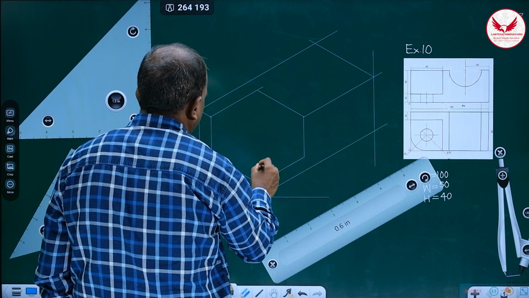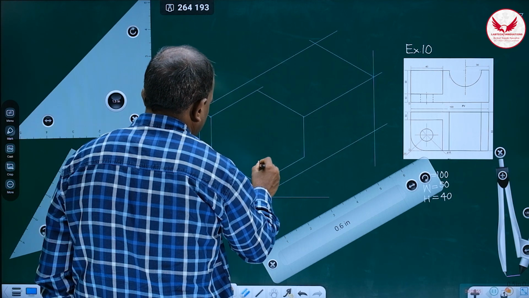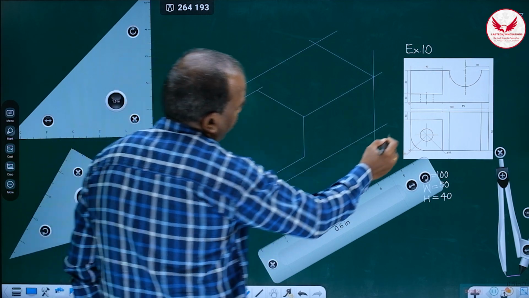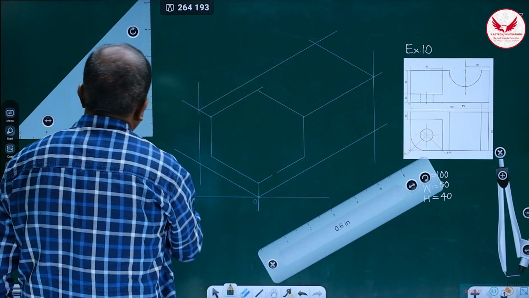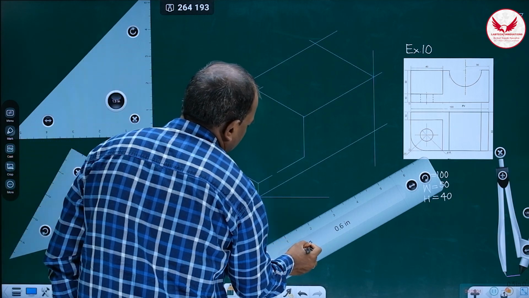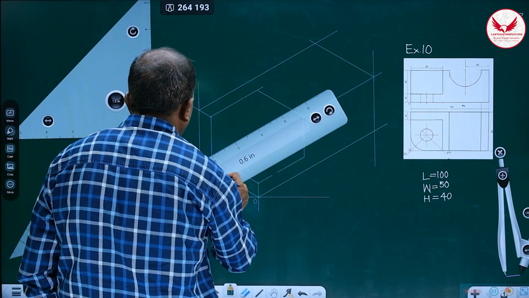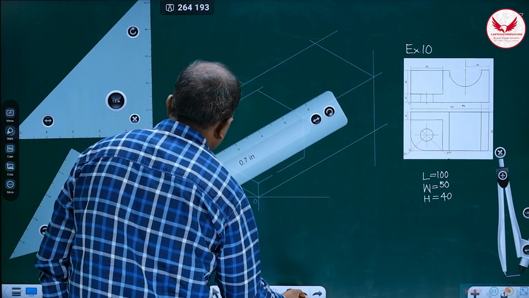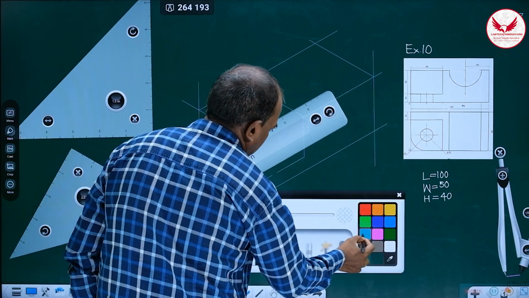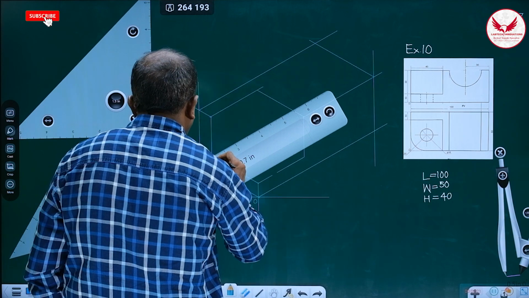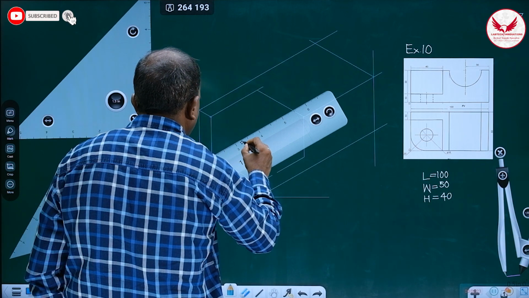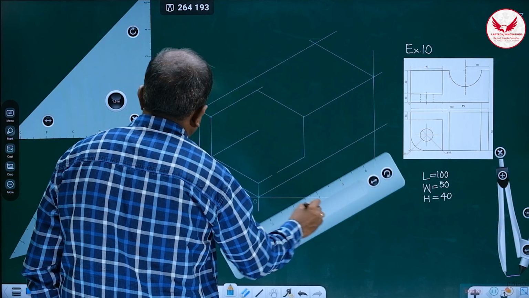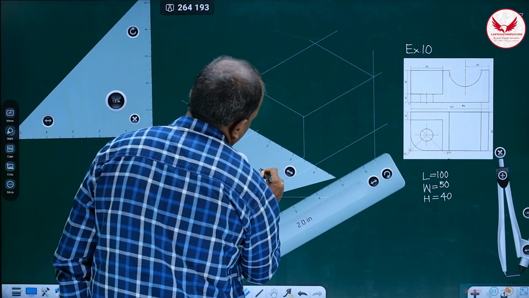Above this nothing is there. Correct. Once we remove this, we should get such a square part. And how can we get it? For that, we have to mark from this side 40. It is 40 only. Then from this side again 40.